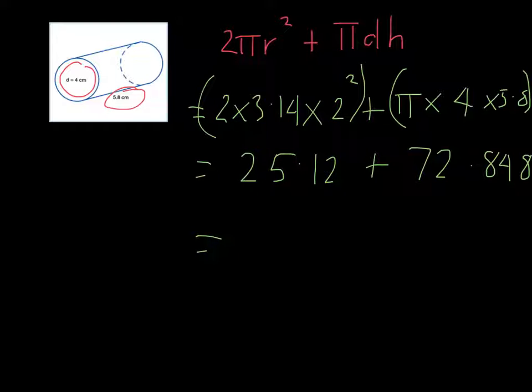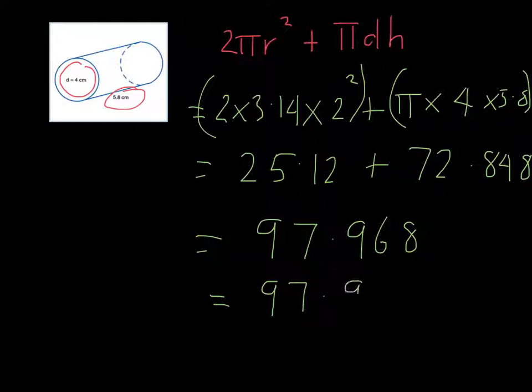Add those two together and we have the answer of 97.968, which rounded to 2 decimal places is 97.97 centimetres squared, because we are finding total surface area.